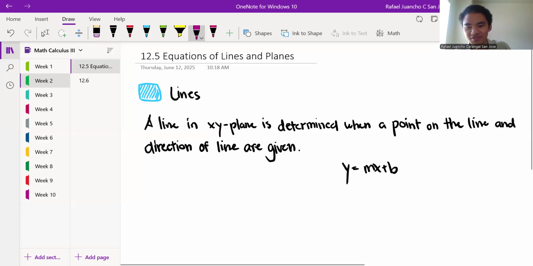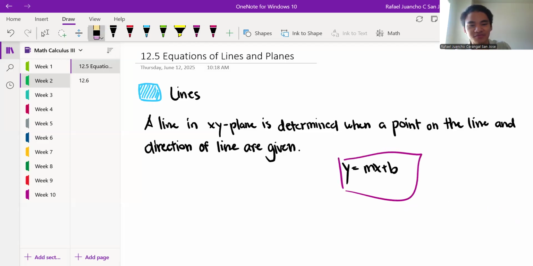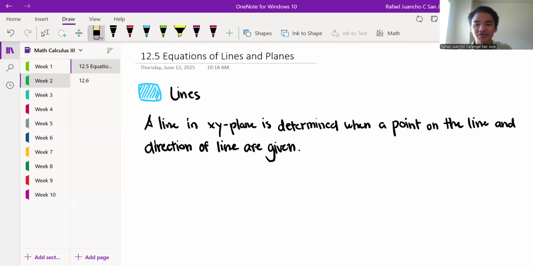The other one was slope intercept form, for when you're given maybe a y-intercept and the slope. So again, it depends on what information you have. Then you can make an equation of the line.